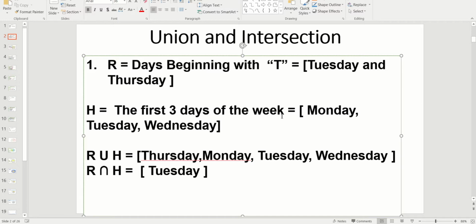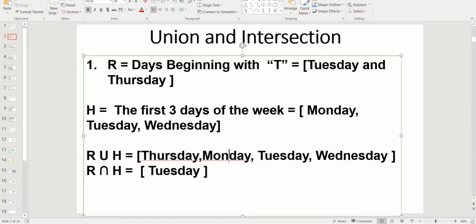So R union H, read as R union H, is a combination of R and H combined together. We copy all of the members, Tuesday and Thursday from R, combined together with the members of H, which are Monday, Tuesday, and Wednesday.